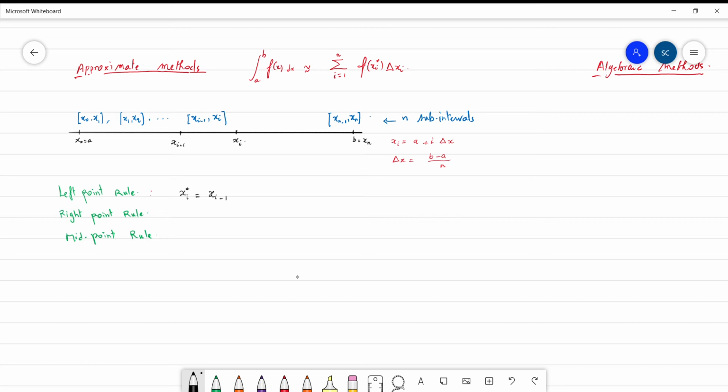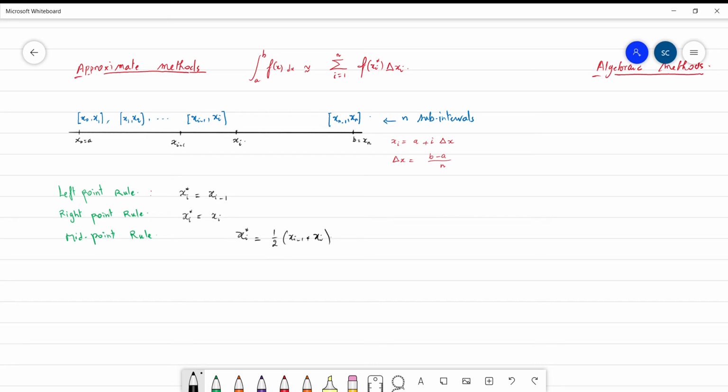For the right point rule, we make the choice xi star equal to the right endpoint xi. And in the midpoint rule, we make the choice of the middle one, half of xi minus 1 plus xi.